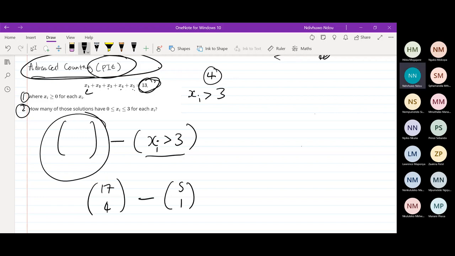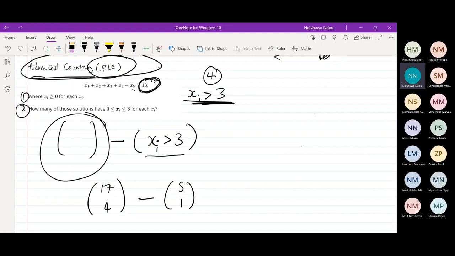If we give all of them 4, it won't make sense. You only have 13 stars, and how can you claim to give 20 stars while you have 13? So rather than giving everyone, let's start by giving 1 by 1, and see if we still have some stars remaining.